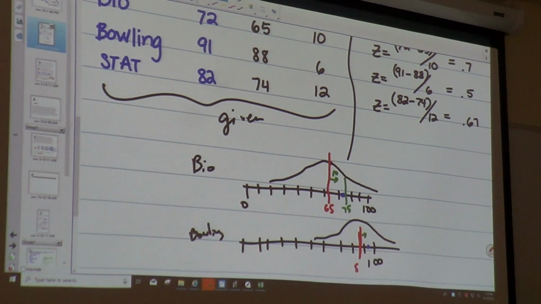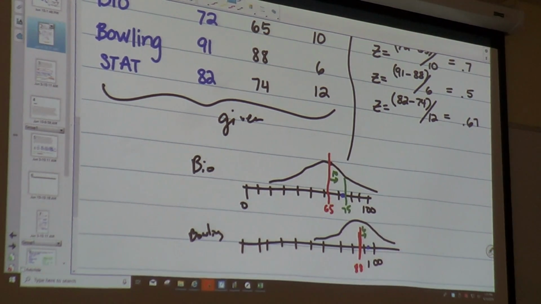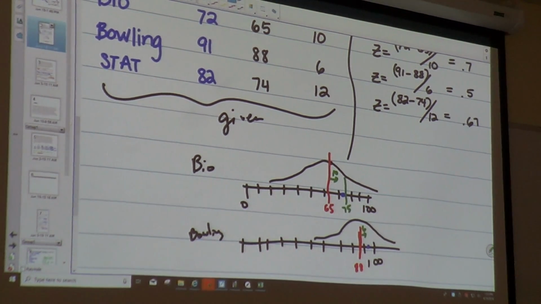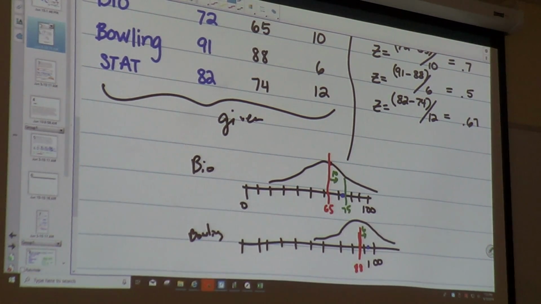So this was an 88. This was a 6. So where's my next line going to be? 94. 94. And this data point was at 91, and this data point was at 72. So do you agree they're both not a whole jump? Yeah.